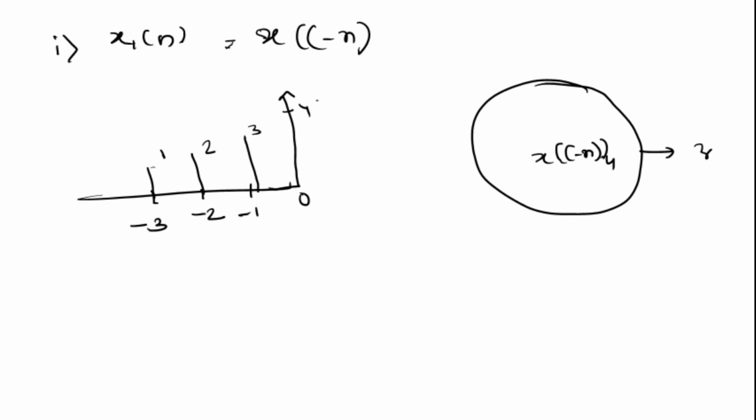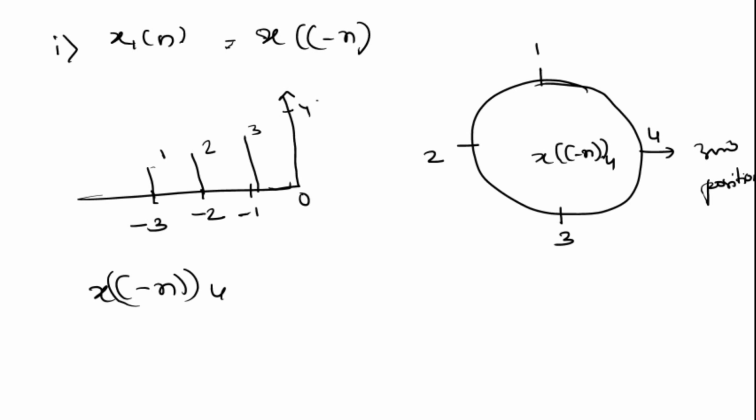This is 0 position. So this is 4. While writing this is negative, we have to write it in the clockwise direction. 4, 3, 2, 1. And we can write the signal x of minus n of 4. This is 0 position, this is 1 position, this is 2 position, this is 3rd position.